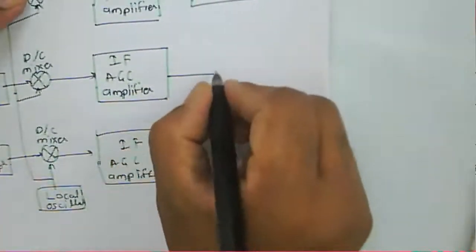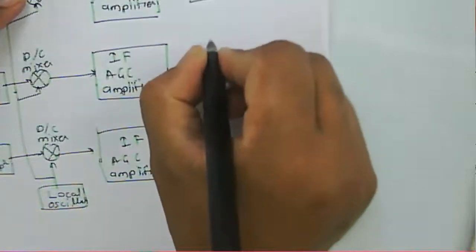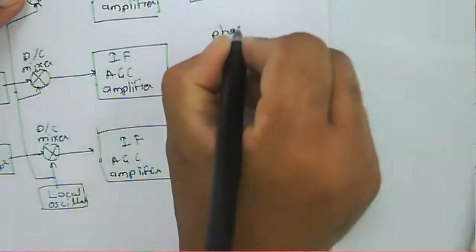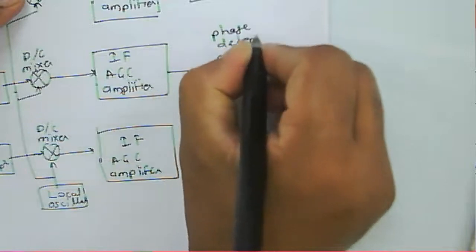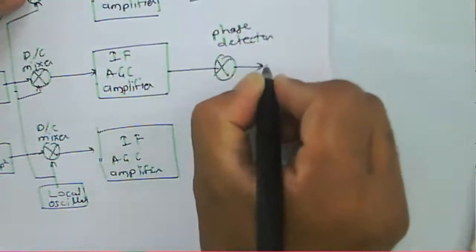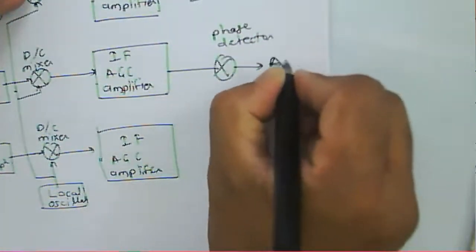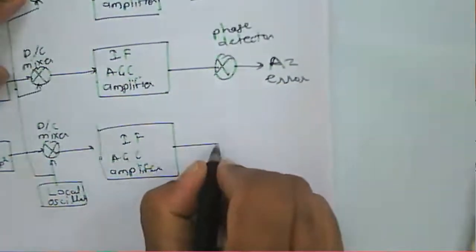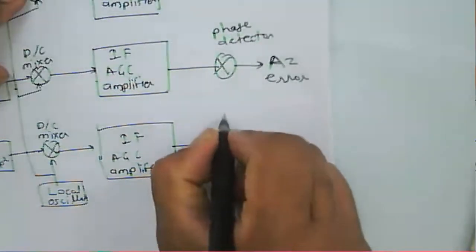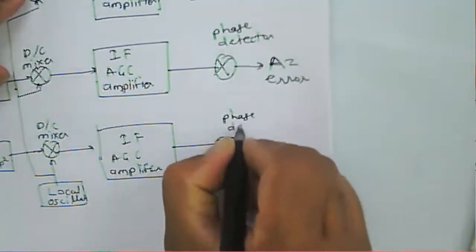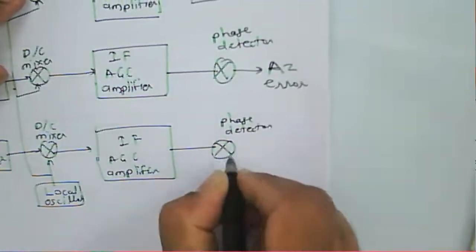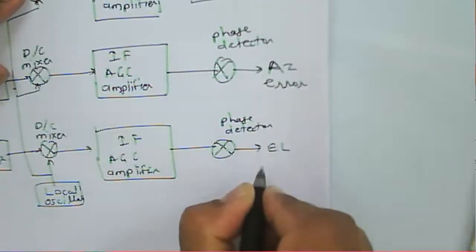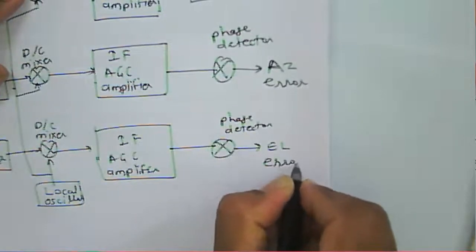Then after that, here is the phase detector. So it will generate that azimuth error. Then we have the phase detector, so it will generate the elevation error.